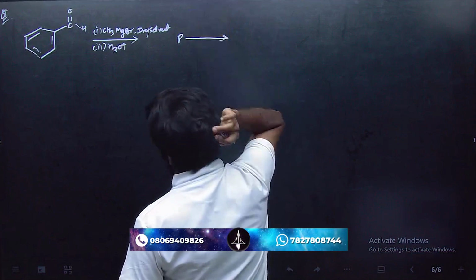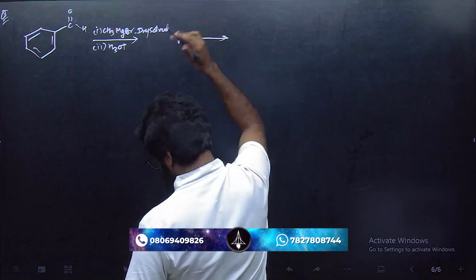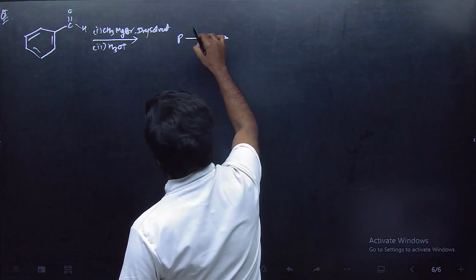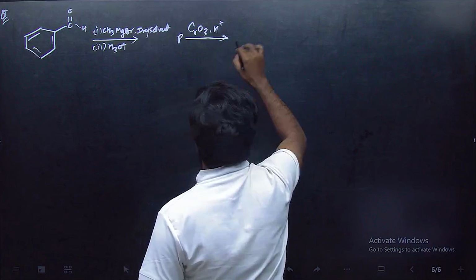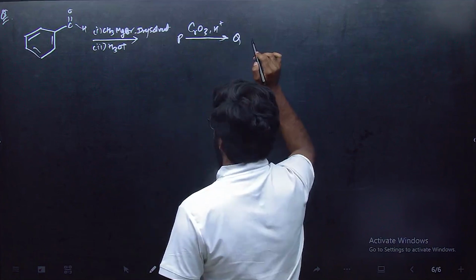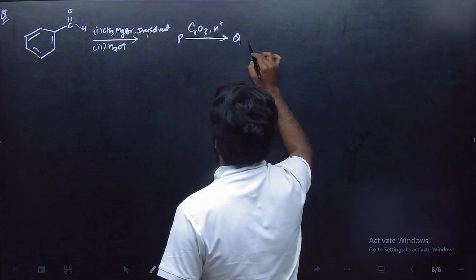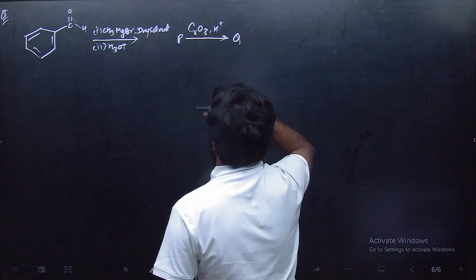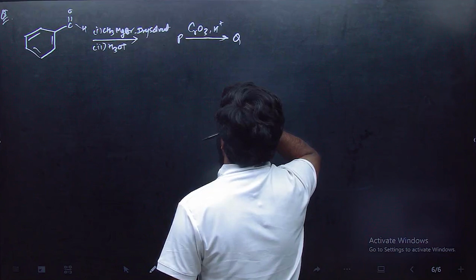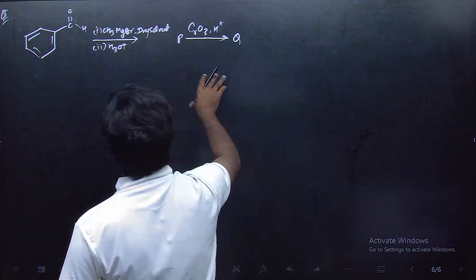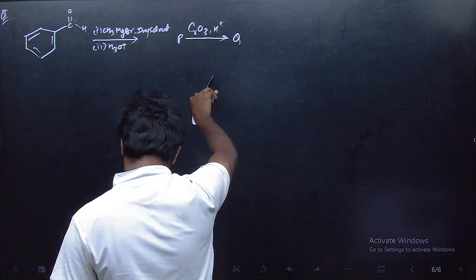What you can use instead is CrO3/H plus, you get this Q. There's some issue, I guess. Wait a minute.